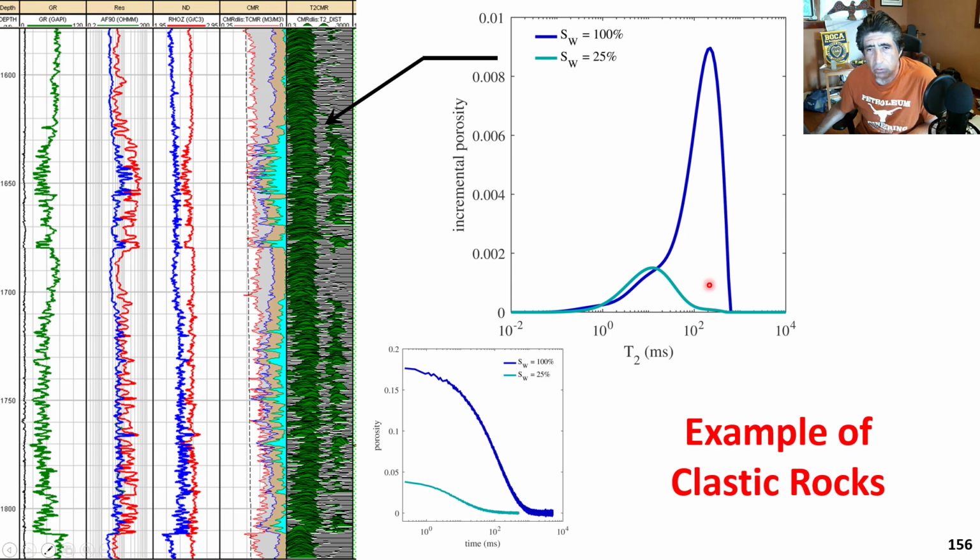And then second, we take that sample, we centrifuge it, and we expel as much of the water as we can so that air takes the place of the water that is expelled. Once the expelling has been completed, we take another magnetic resonance measurement of the same rock. Here is the magnetic resonance of that rock after expelling the water.